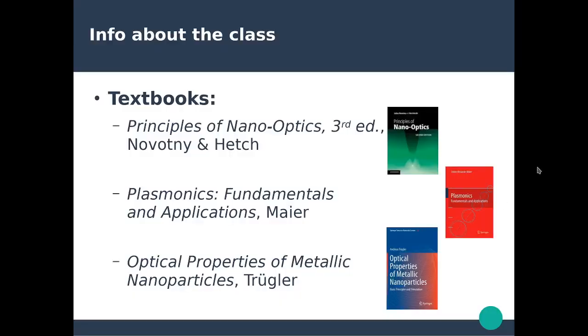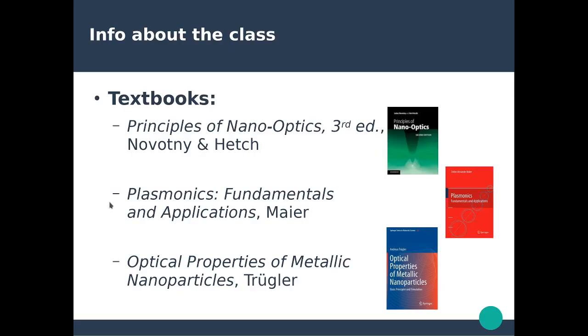This course has been designed based on 3 textbooks, which are complementary. The first one, Principles of Nano-Optics by Lucas Novotny, covers the entire content of the semester. This is more a general introduction to those various topics we're going to be covering in nanophotonics.